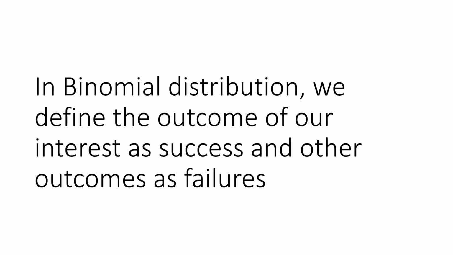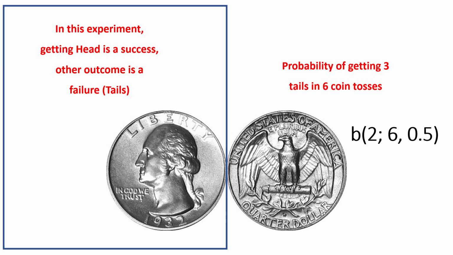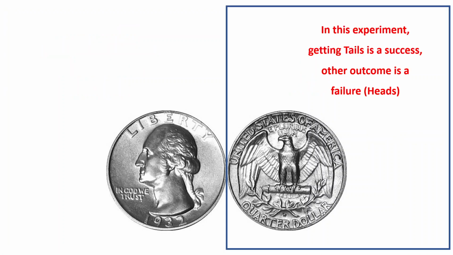If I get any other outcome, that is a failure. Here in this experiment, getting head is a success, other outcome is a failure. In this experiment, getting tail is a success, other outcome is a failure. So you need to define the success and failure criteria of every trial.